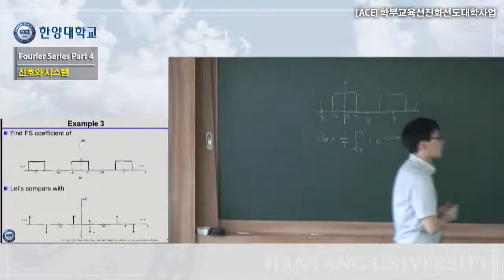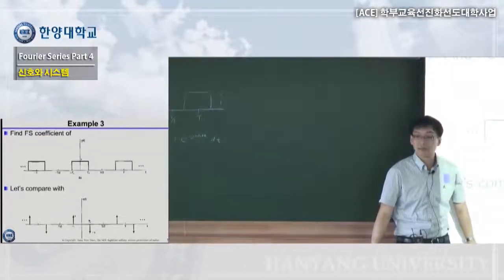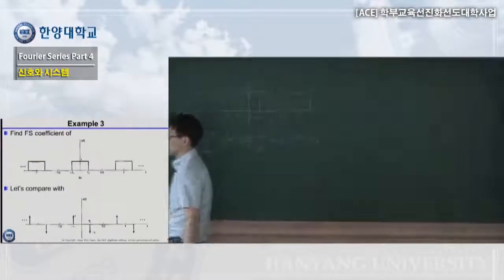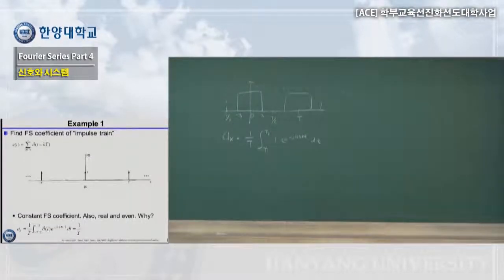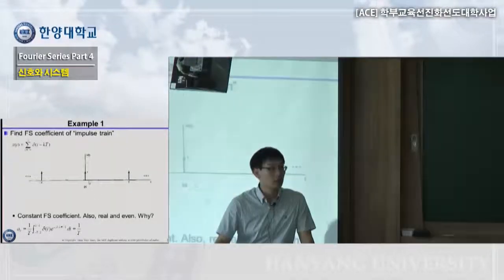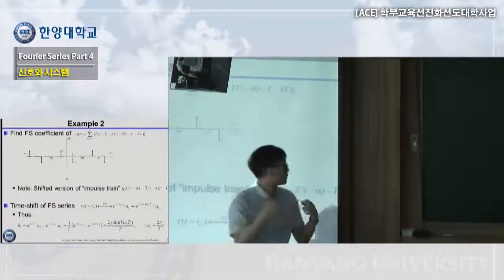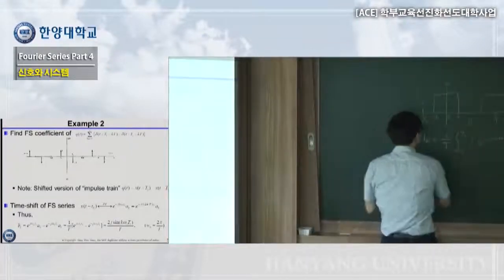What about another method? If you happen to know the solution for this, we already solved it in the previous example. In example number 1, we had the problem where there is only an impulse train, and in the second one, they were going up and down, paired.